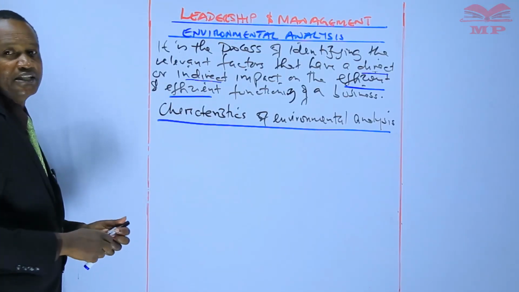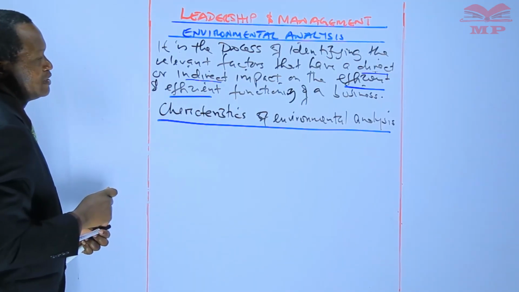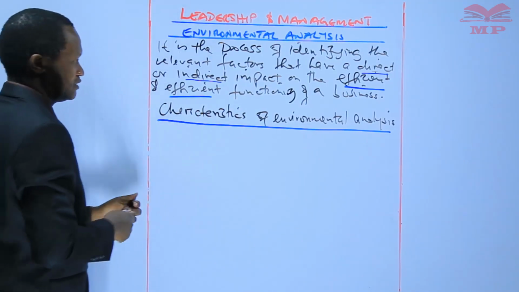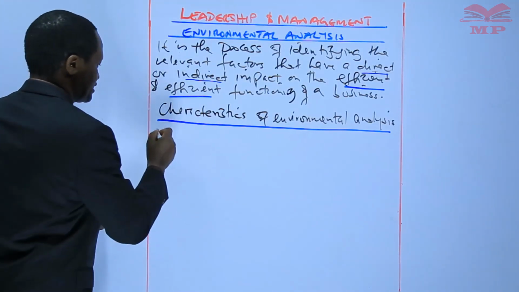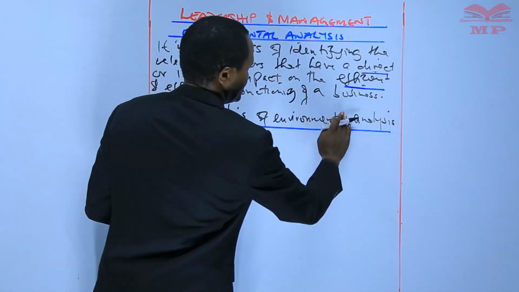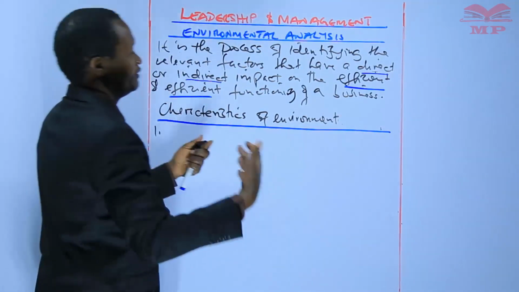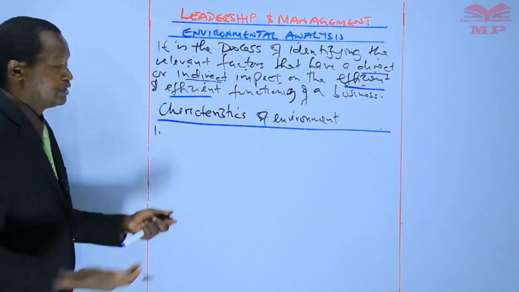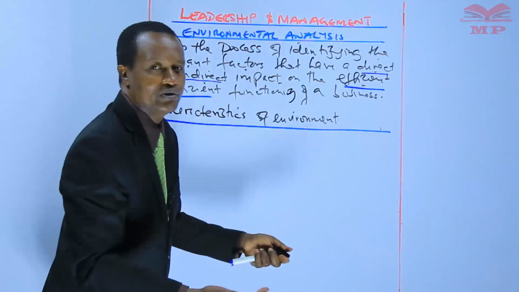So what are some of the characteristics of environmental analysis? Or we can even just first check the characteristics of the environment. Number one, let's begin with the characteristics of the environment. Environment can either be internal or external.